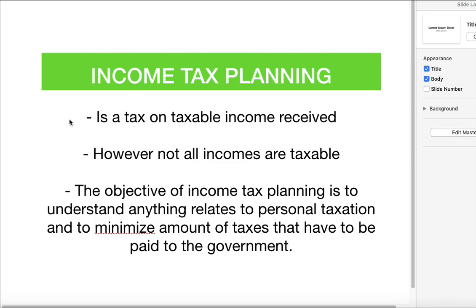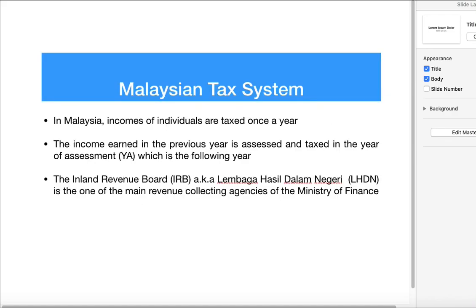Ada yang dikecualikan or exempted from tax. And then we are going to look at the objective why we do the income tax planning. It's because to understand anything relates to personal taxation and to minimize the amount of taxes that have to be paid to the government, right? So this is slide number 1.